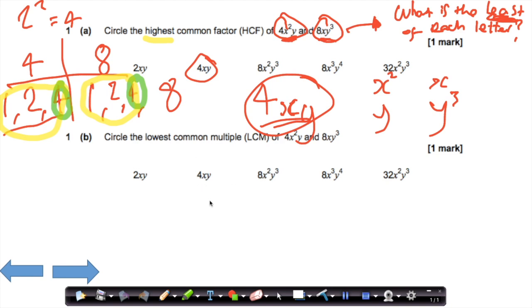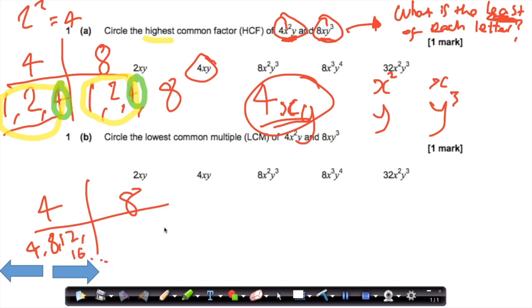Circle the lowest common multiple of 4x squared y and 8xy cubed. So we need to think about this time the lowest common multiples of 4 and 8. So our 4 times tables, 4, 8, 12, 16, and so on. For 8, it would be 8, 16, 24, 32, and so on.